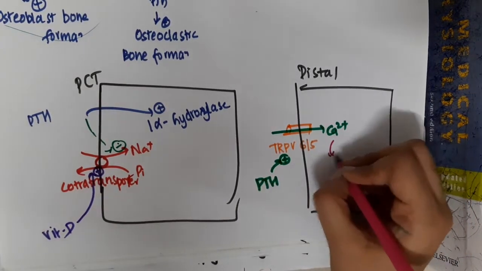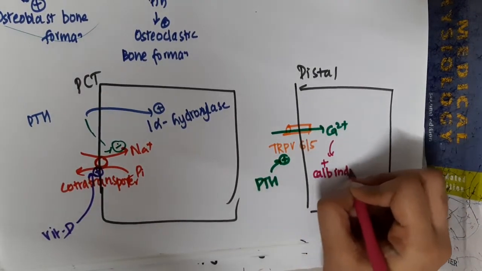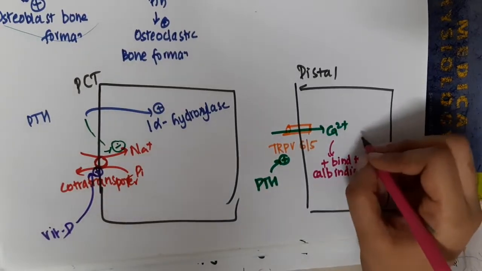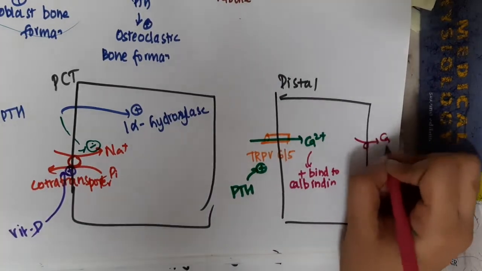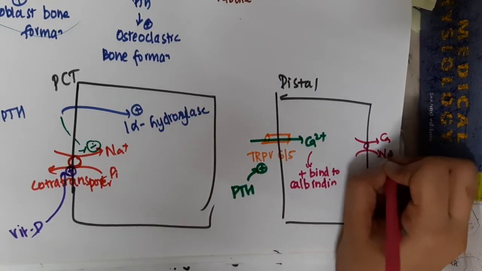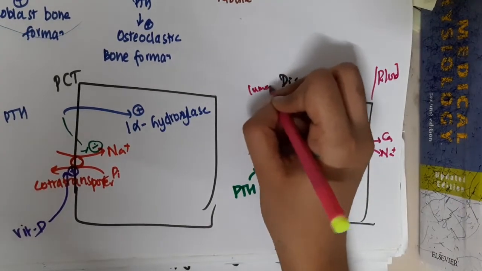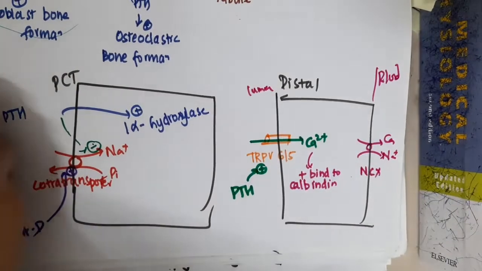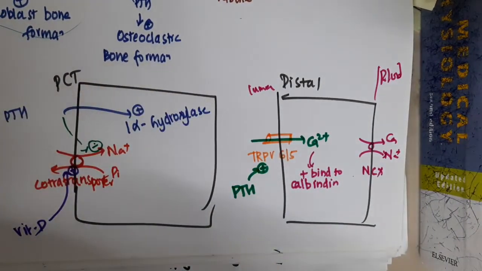Now this calcium, once it enters the cell, will bind to calbindin. And then this calcium is also absorbed into the blood. This is lumen, by the sodium calcium exchanger. Okay, so this is how parathormone acts.